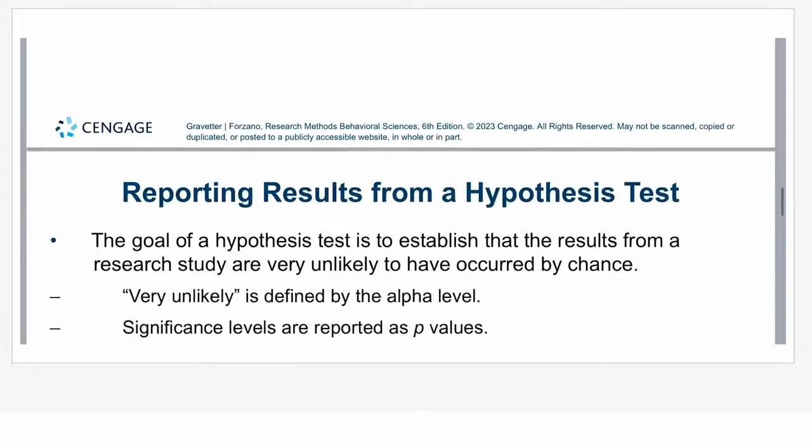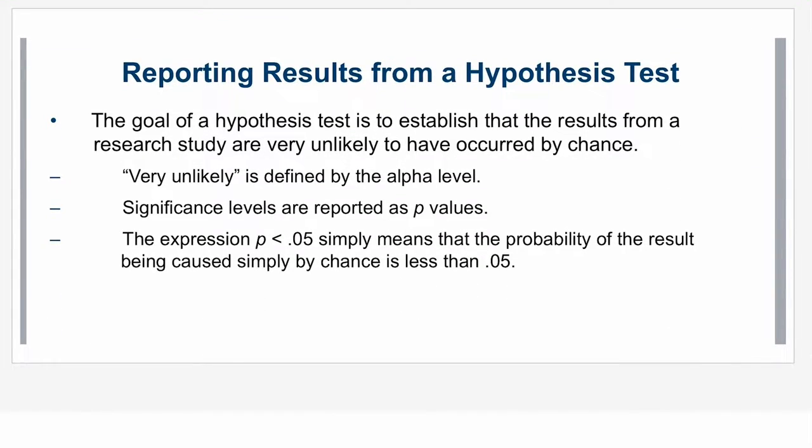Okay, so how do we report this? What does this look like? Remember, the goal is to establish that the results from the research study are very unlikely to have occurred by chance. That very unlikely part, as I just mentioned, is defined by the alpha level. And so it is set at a certain percentage, 0.05, 0.01. Those alpha levels are called a p-value. So you'll see in research reports that p is less than 0.05.